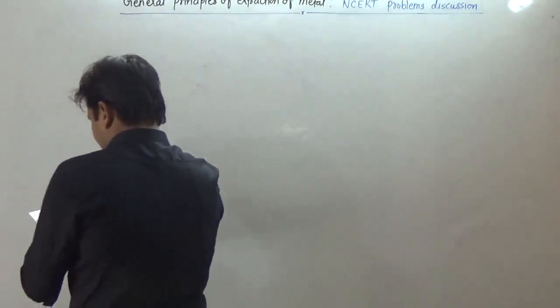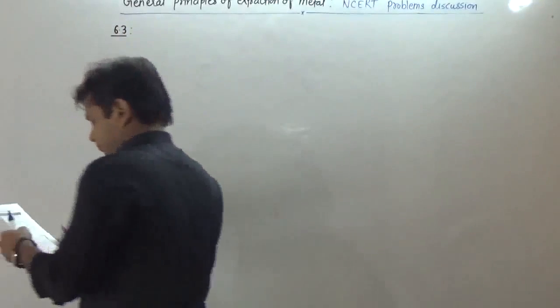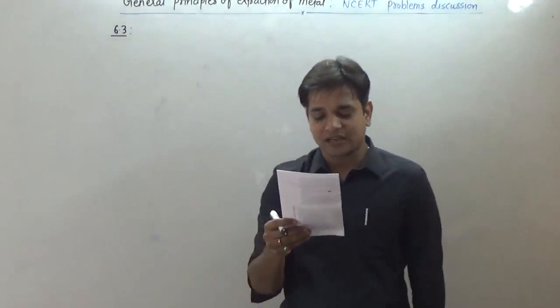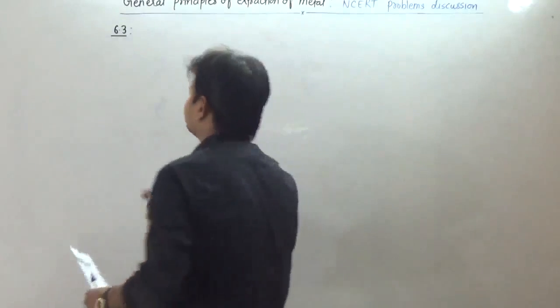The next question is 6.3, and 6.3 is: why is the extraction of copper from pyrite more difficult than from oxide ore through reduction?